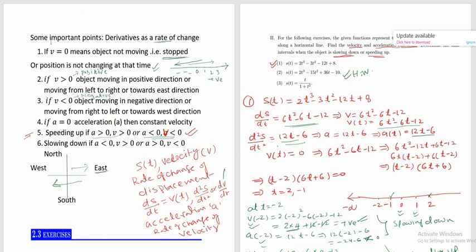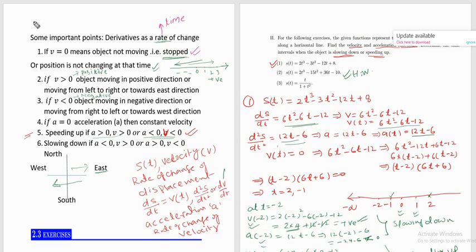Before going to write that, we need to explain some important points. Derivative as a rate: rate means nothing but anything, any object which is changing with respect to time. If v is equal to 0, it means the object is not moving, that means the object is stopped or the position is not changing at that time.